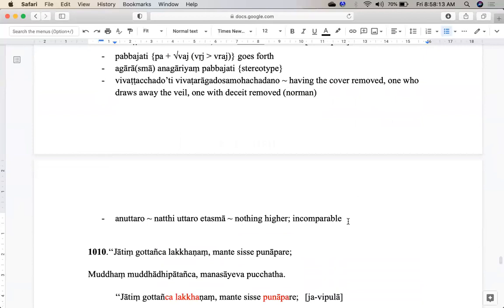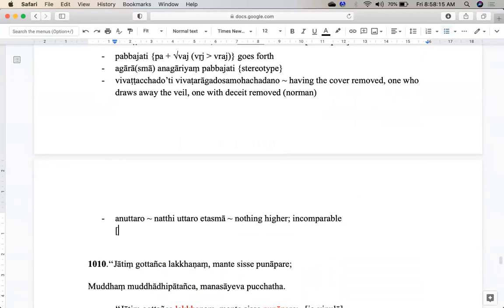Okay, now we can translate the whole stanza. Pabbajati: goes forth from agarasma, the household life, to anagariyam, the homelessness.